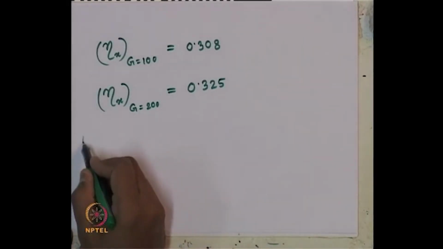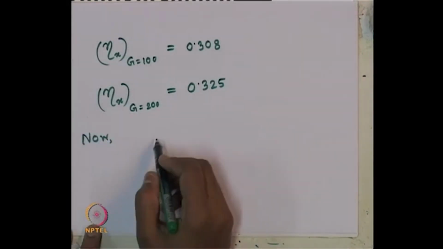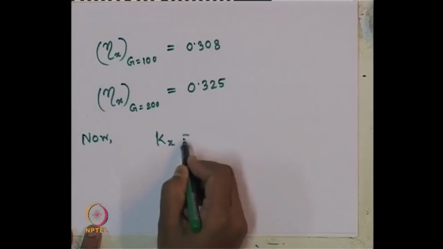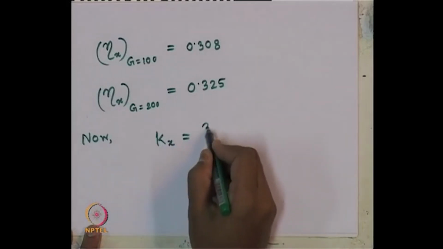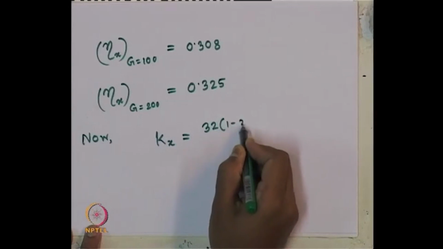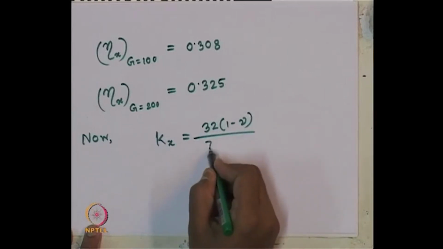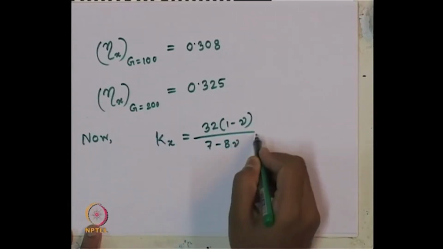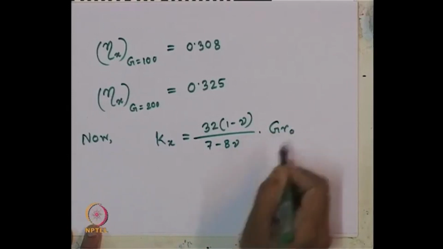And now we need to calculate the spring constant. Spring constant, what is the expression? K x is 32 into 1 minus mu by 7 minus 8 mu times G r naught.